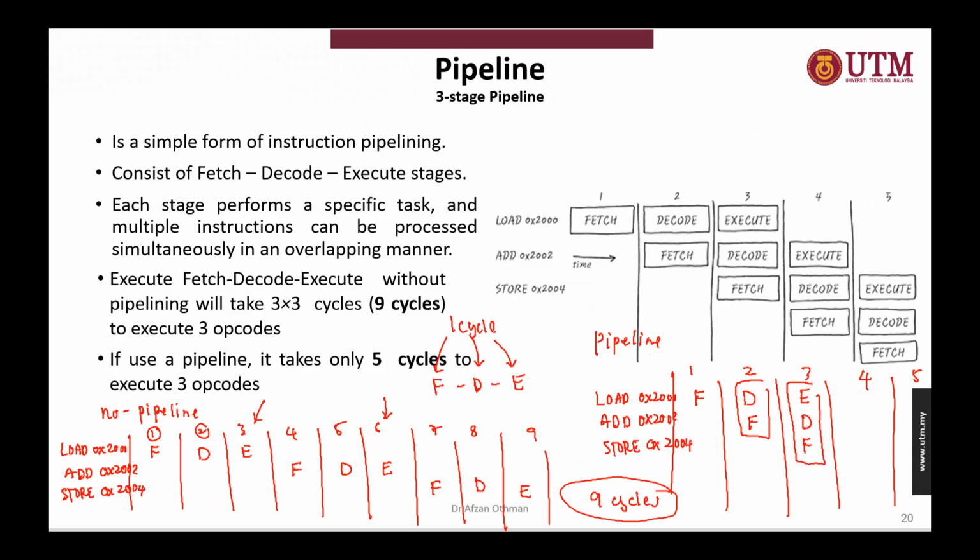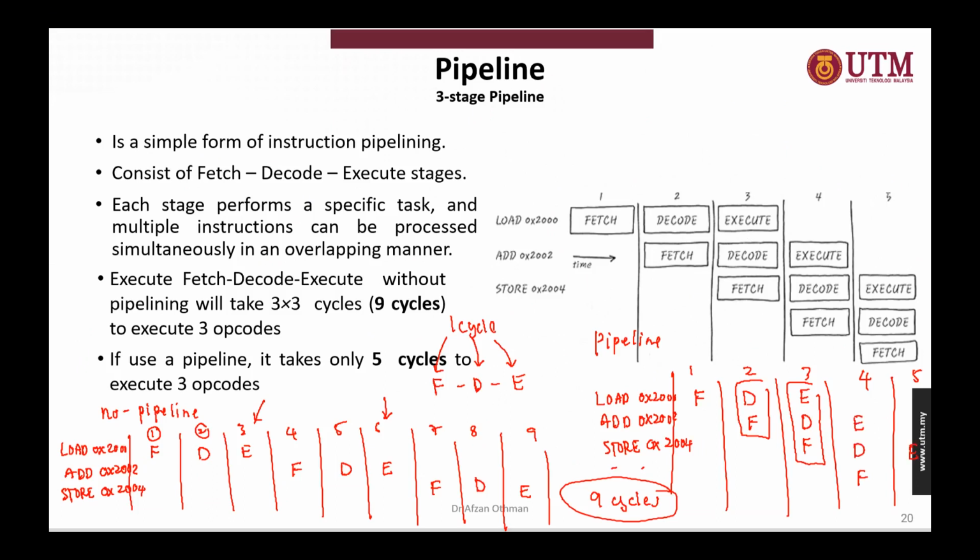On the fourth cycle, this one is executing, and the store is decoding. If you have another instruction down here, it will be fetched. At the fifth cycle, the store instruction is finished.